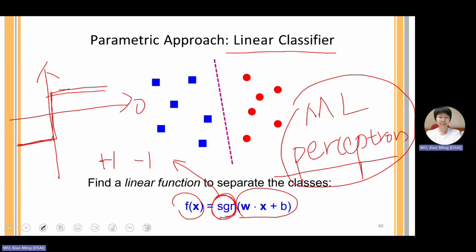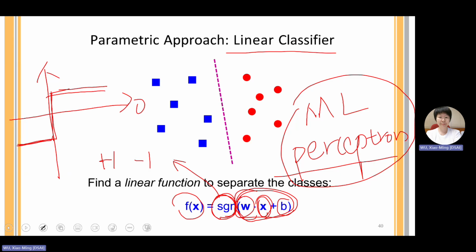And inside the sign function, this is a linear function. What are the parameters of this function? Oh, sorry, X is the input. X is the input. The parameters of this function are W and B.